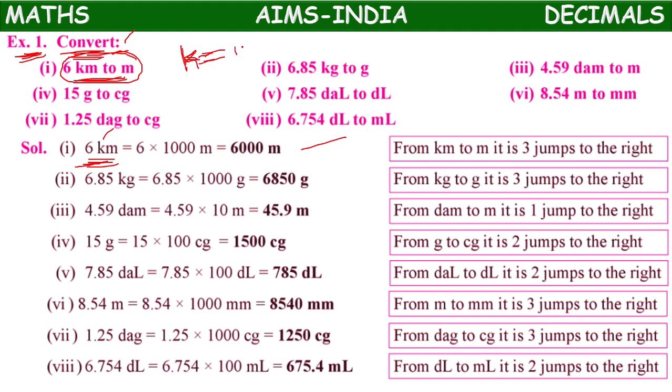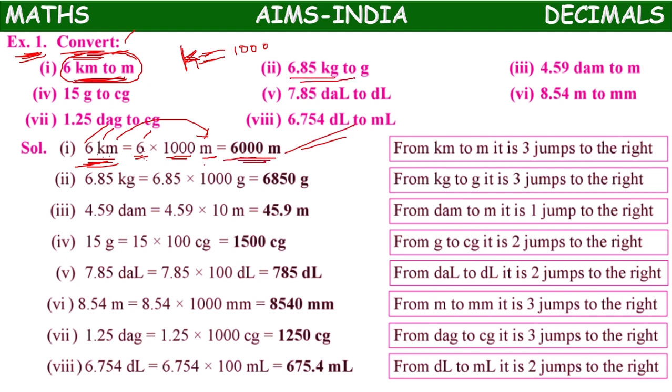Kilo stands for 1000. So in 6 kilometers, we write 6 as it is, and instead of K, we write 1000. Meter we carry as it is. 6 into 1000 meter, so it is equal to 6000 meter. Like that we can convert.